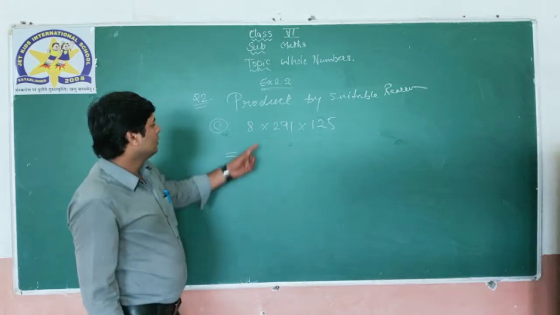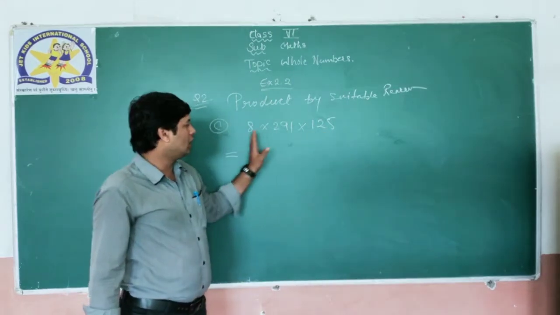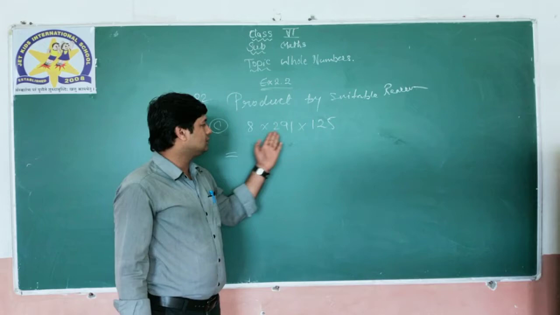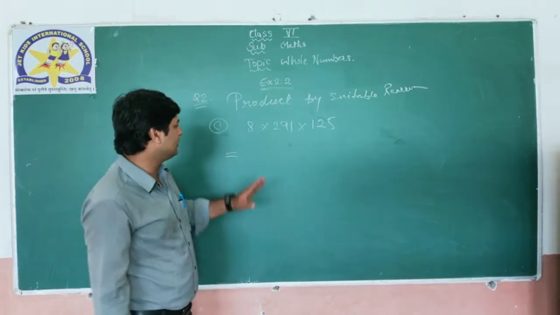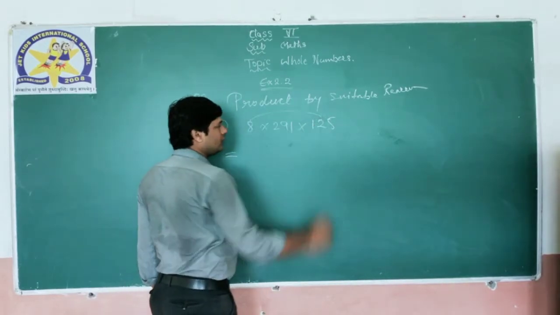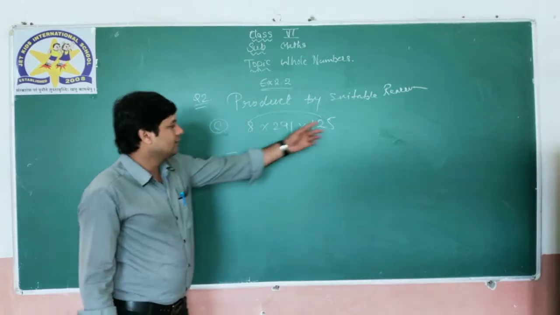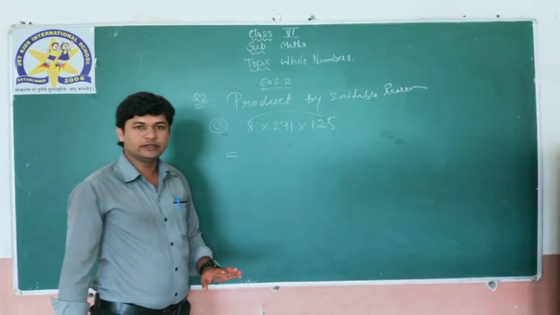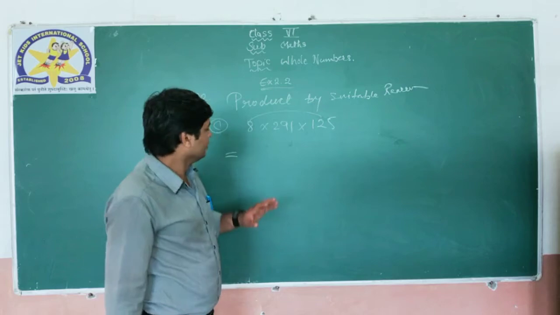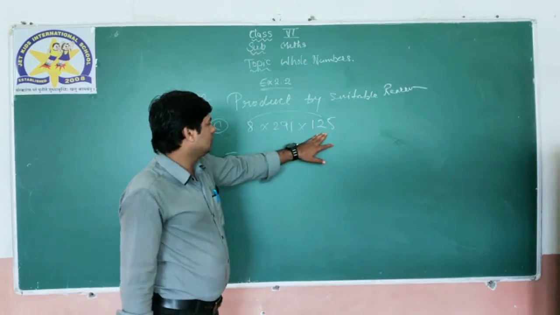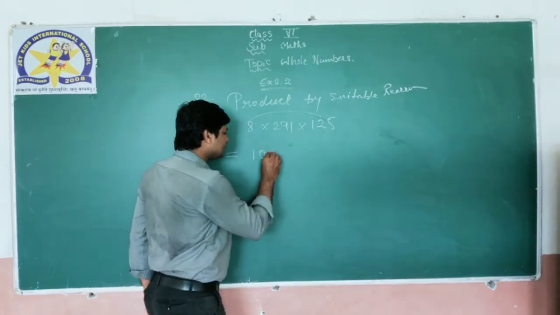Okay, so how will you do it? If you are multiplying 8 with 291, it will be a little difficult. But see, if I multiply 125 with 8, 8 times 5 is 40, so it becomes 0 in it, right? So 8 times 125 is 1000.